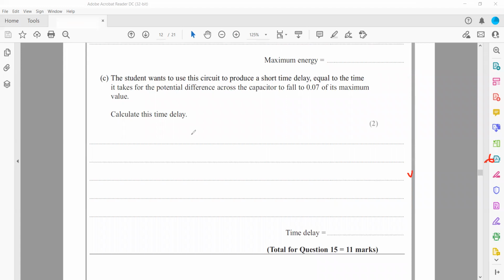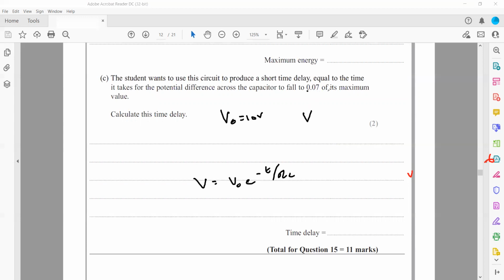We have the formula for voltage, we have the formula for current. So we can use the voltage formula: V is equal to V naught e raised to the power minus T over RC. What is V naught? V naught is the maximum, that is 10.